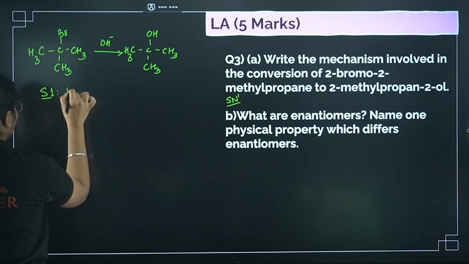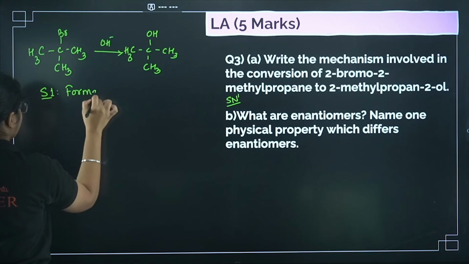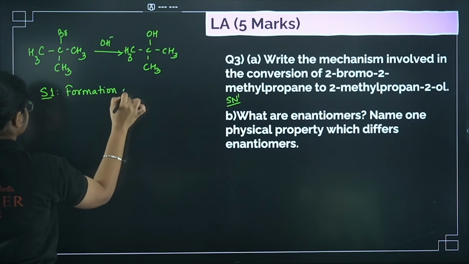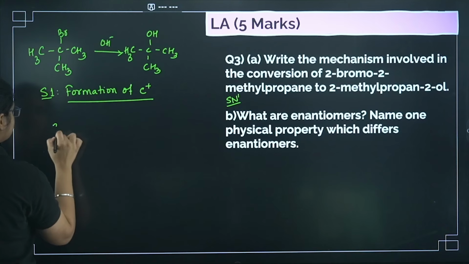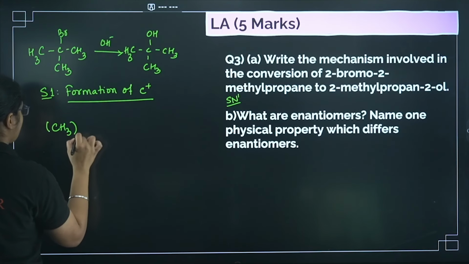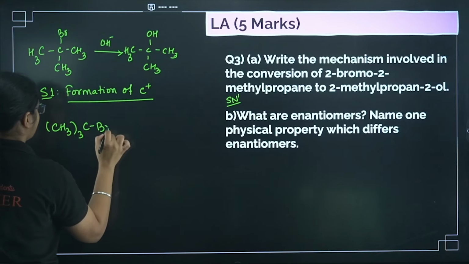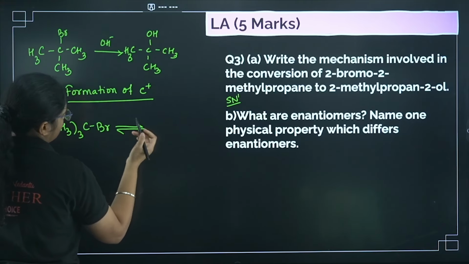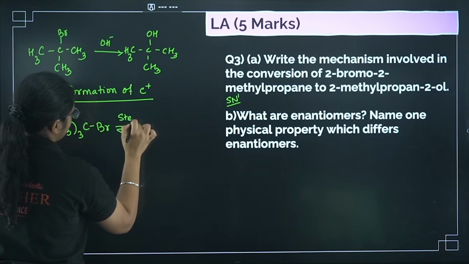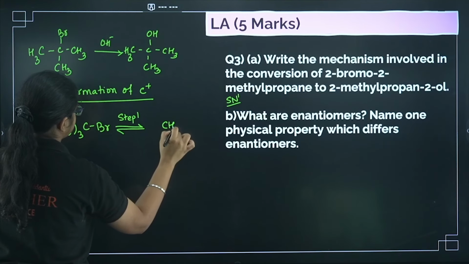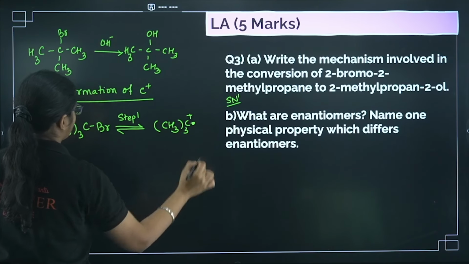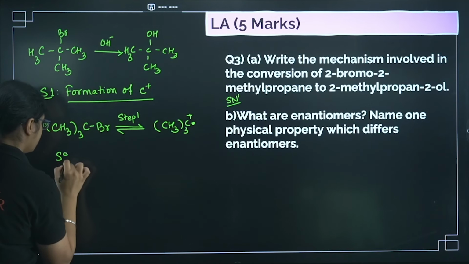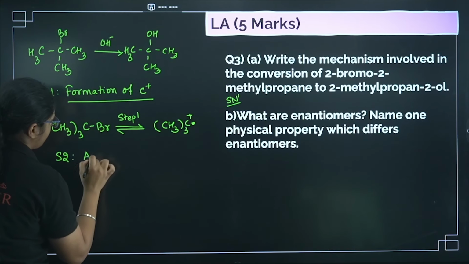Now what is step 1 involved here? Step 1 is formation of carbocation. I have already explained that in this 2 marker section. So here what will happen? You have this (CH3)3CBr. Then with step 1 it will give me (CH3)3C plus. Then what is step 2 here? Step 2 is attack of nucleophile.